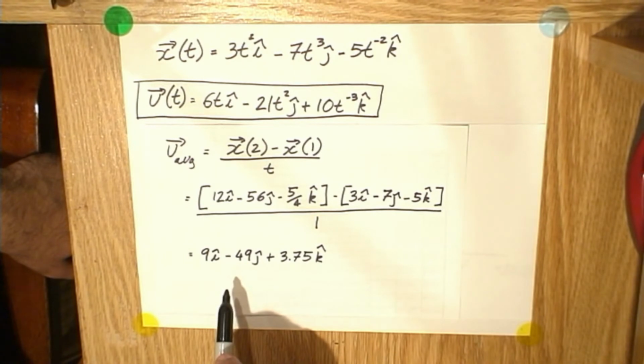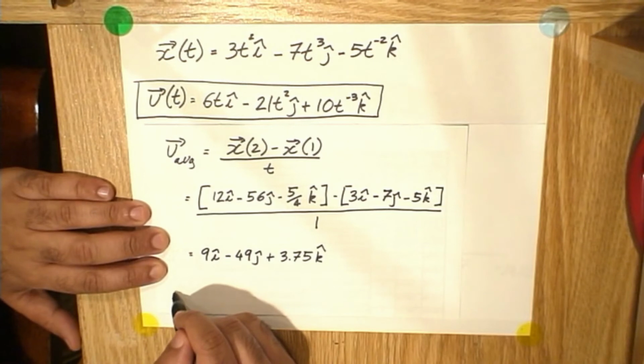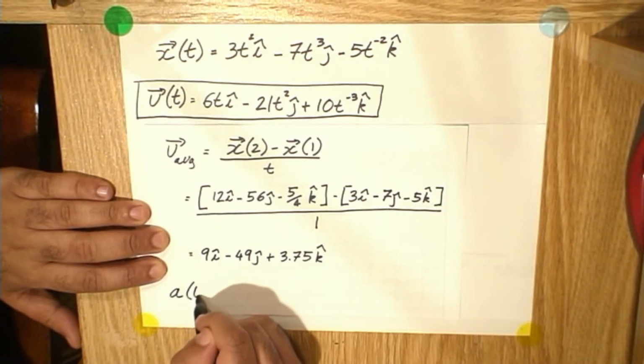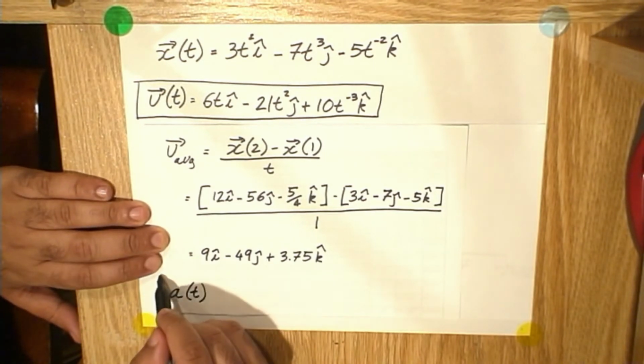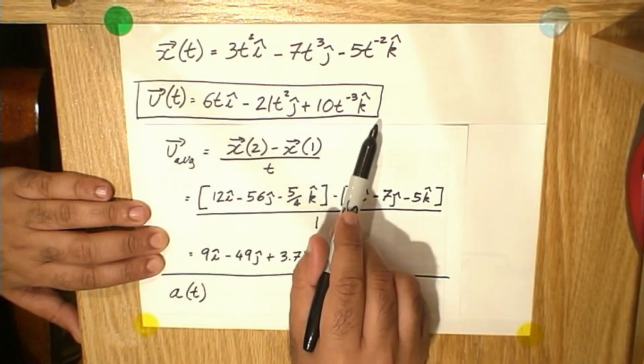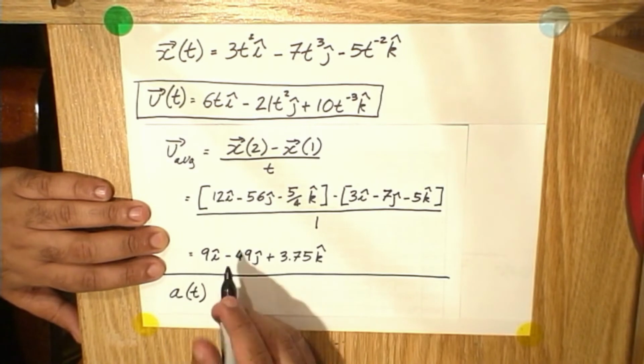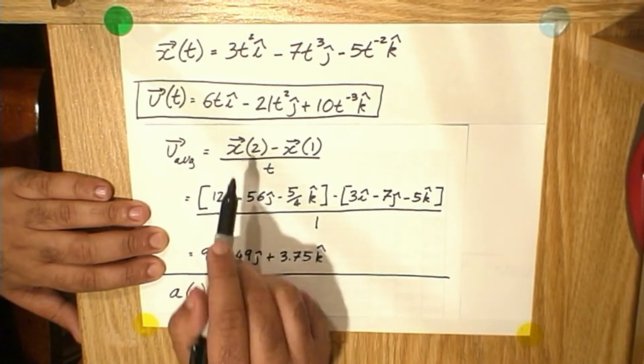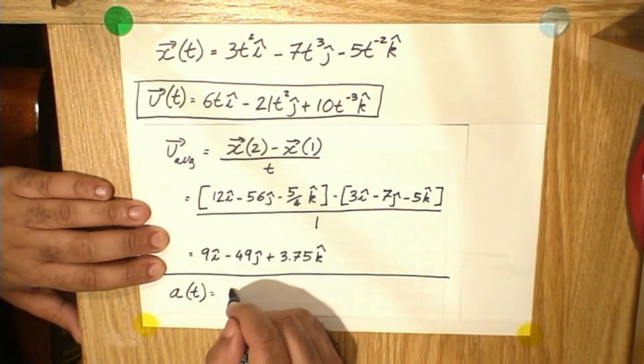Now, the last thing we were being asked to do was to find the acceleration with respect to time. And that's easy to do. For the acceleration, all we have to do is start with the velocity and then take the first derivative of that. So, the derivative of 6t would be 6.